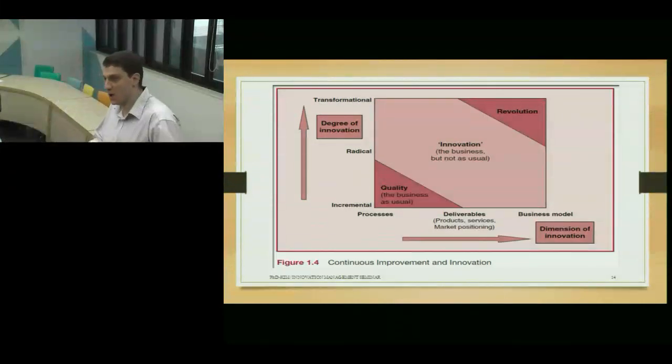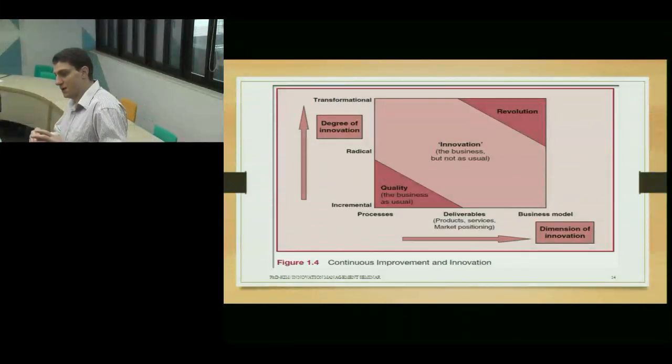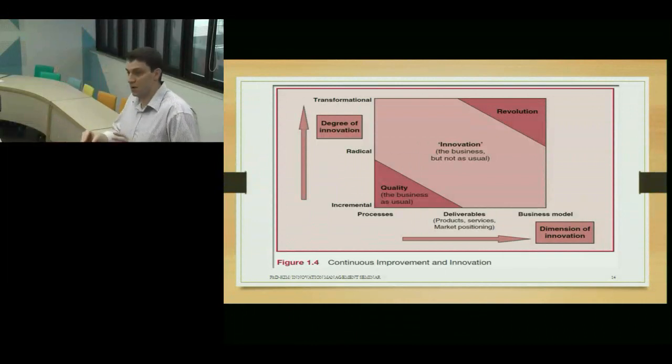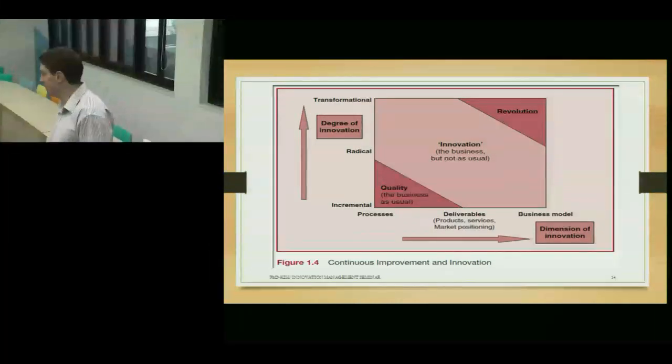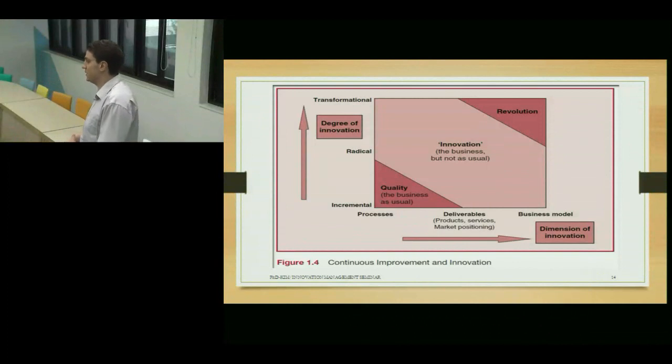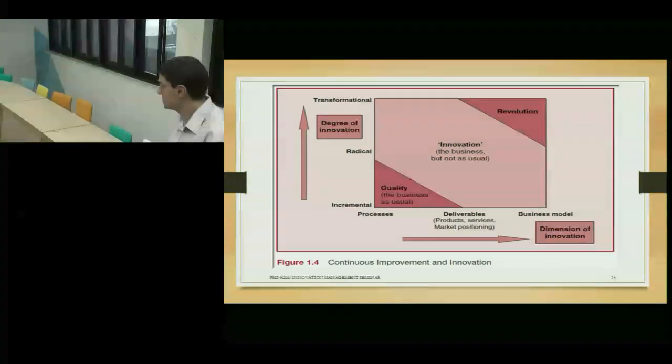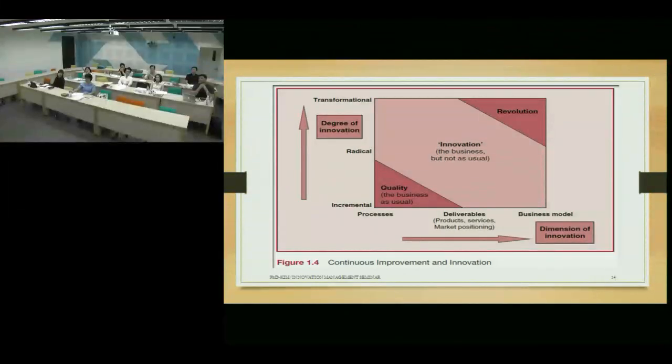And once we go towards organizational innovation, we talk more about the business as we do business, but not as usual. And at the very right up, we have a revolution, a very new firm, new business model, developing new products. Do you have any questions so far? I'm sure you more or less remember.